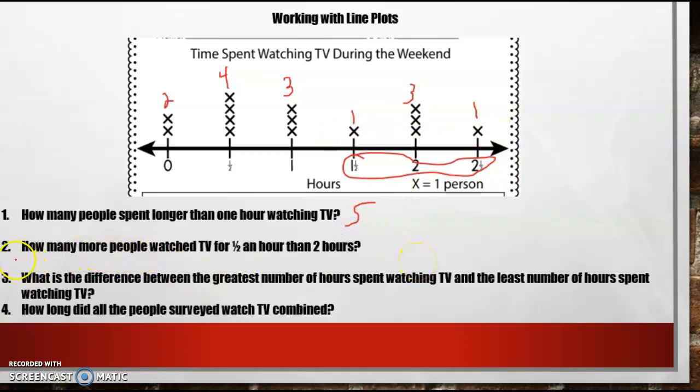How many more. I see this phrase, how many more, because that phrase means something. How many more people watch TV for half an hour than 2 hours? This phrase means to subtract.